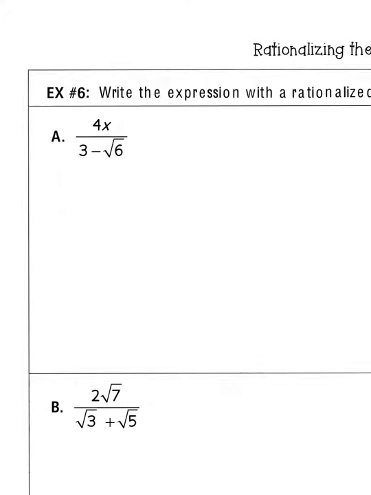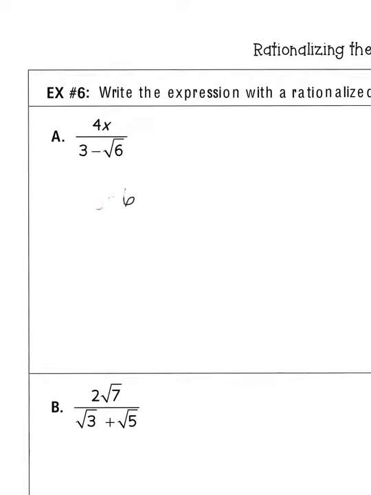If I try to multiply this denominator by the square root of 6 and I distribute that in here, well, radical 6 times radical 6 is 6. You'd still have a minus there. But when you distribute it here, the 3 is outside the radical and the 6 is under the radical. So it would become 3 radical 6. That does not get rid of the radical. So we cannot multiply by just a radical 6.